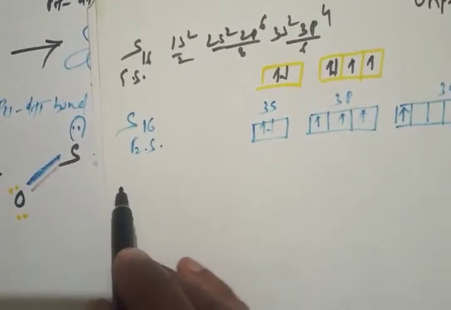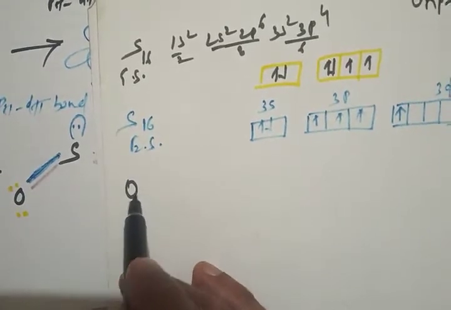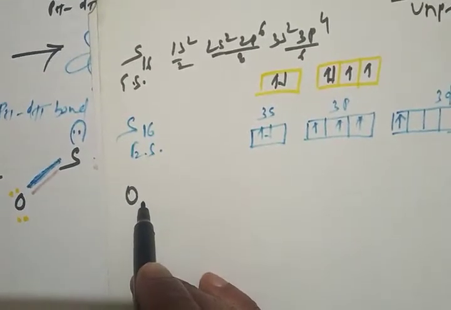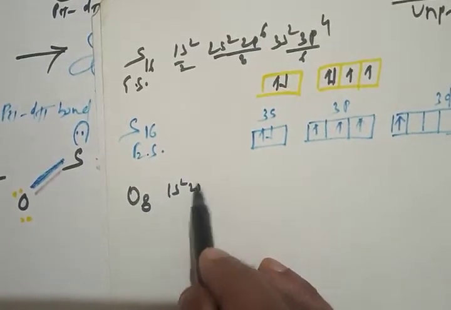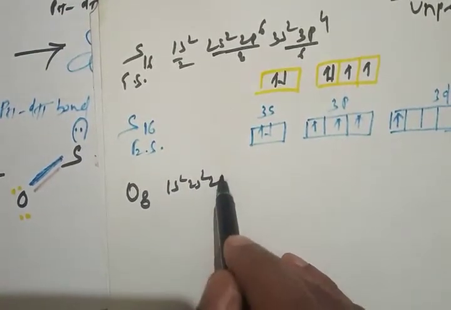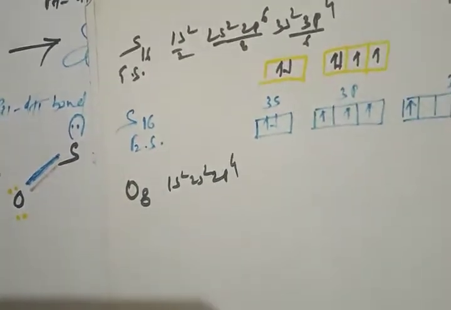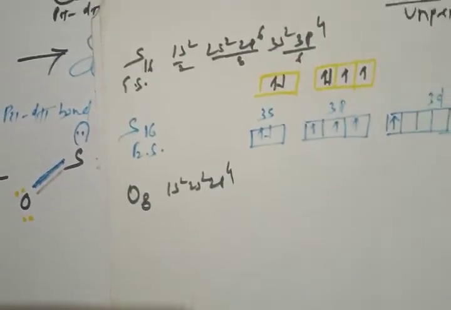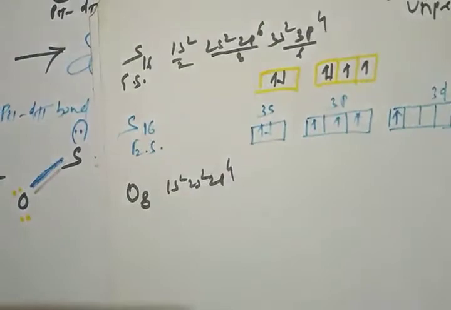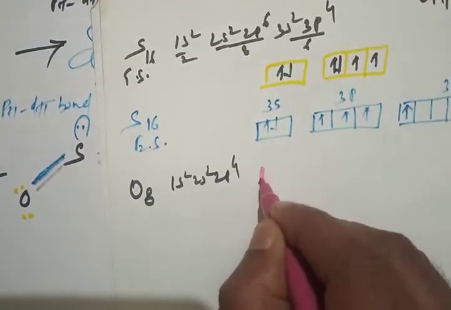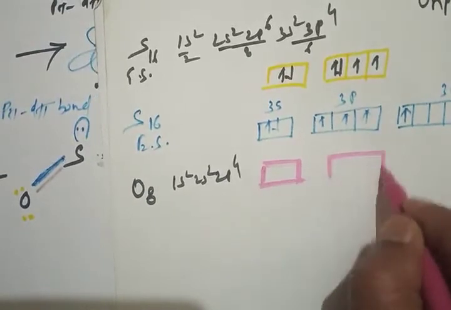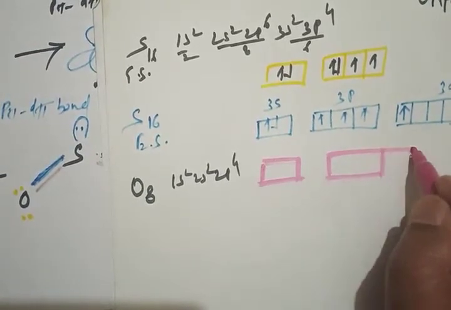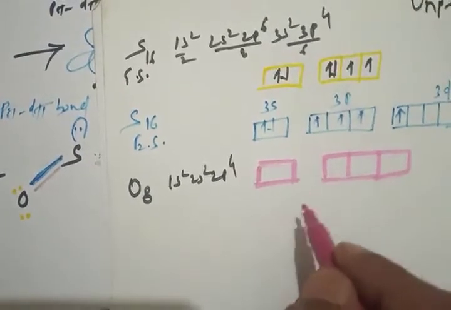Now we'll take the oxygen one. We have 2 oxygens. Oxygen has 8 electrons, so 1s2, 2s2 and 2p4. So for oxygen we will draw the electronic configuration here.